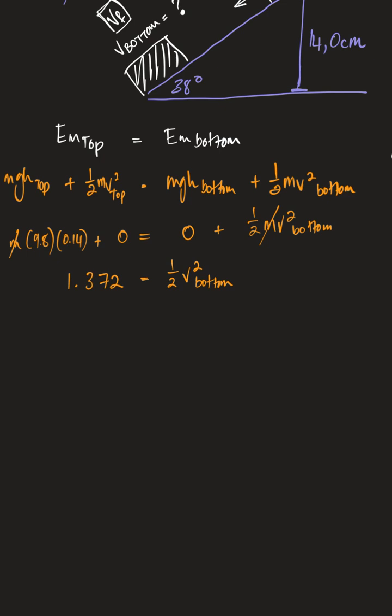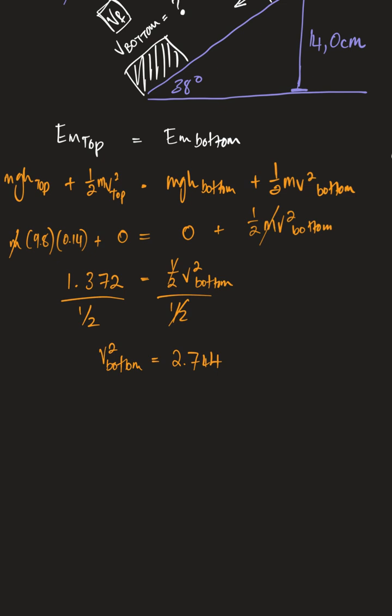I need to get rid of that half, so divide both sides by 0.5, half divided by half cancels out, and now I'm left with v squared at the bottom is equal to 2.744.